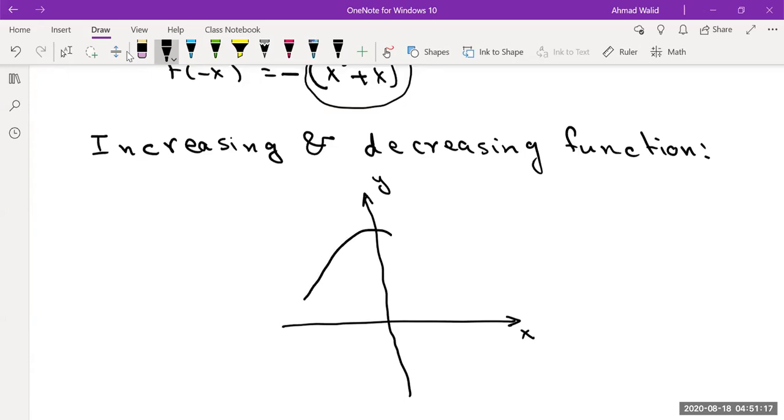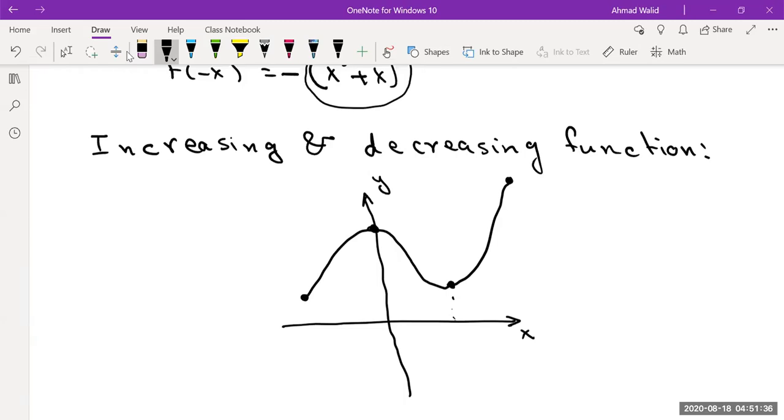Let me graph such a thing. For example, this. Let's consider this graph. Let me use a closed interval.